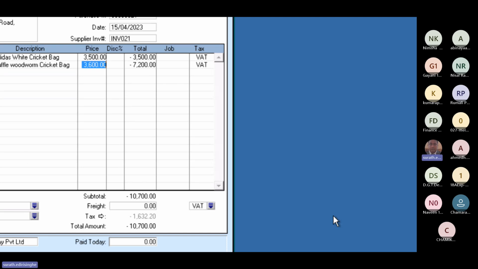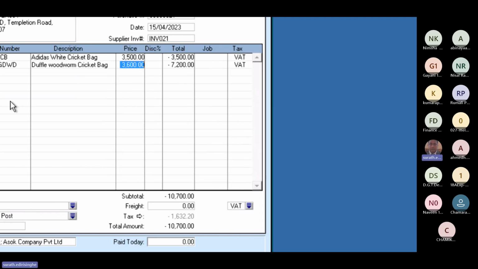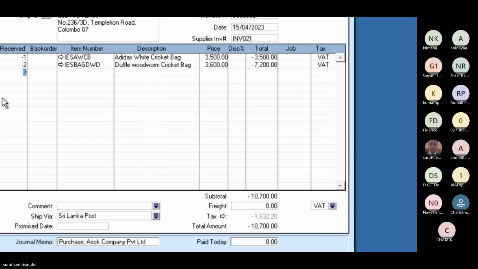Original price 3,600 into 2, 7,200 minus. Return the two items: one item from the Adidas white cricket bag and two items from the Woodworm cricket bag. Complete.